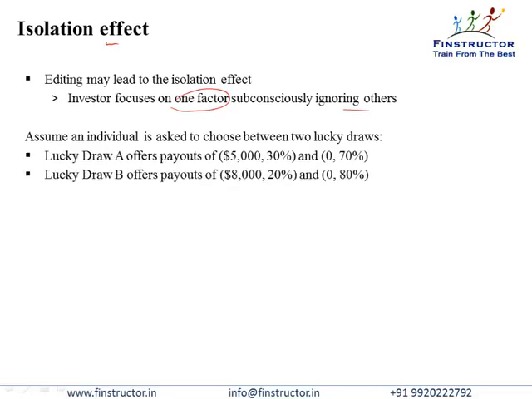So assume an individual is asked to choose between two lucky draws. Lucky draw A offers a payout of $5,000 30% of the times and 0 70% of the times. Lucky draw B offers $8,000 20% of the times and nothing 80% of the times. So which outcome are we likely to choose?